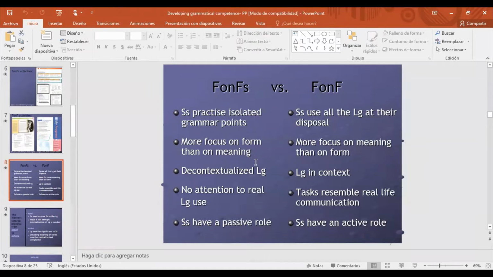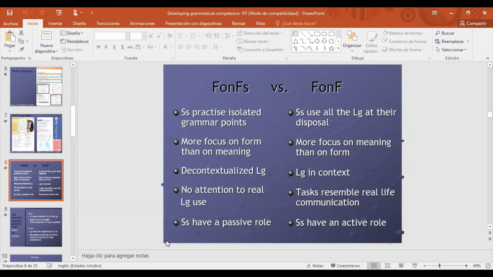In the traditional approach here, students practice isolated grammar points. There is a focus on form rather than on meaning. Language is generally decomposed into bits and presented without a context. And when we work without a context, it is more difficult for the students to understand meaning and use of the new item presented.